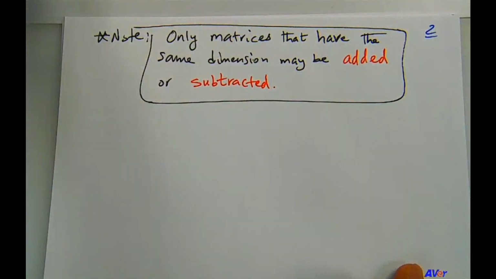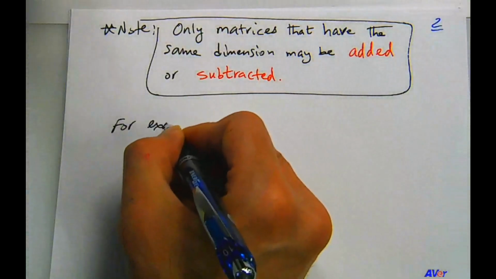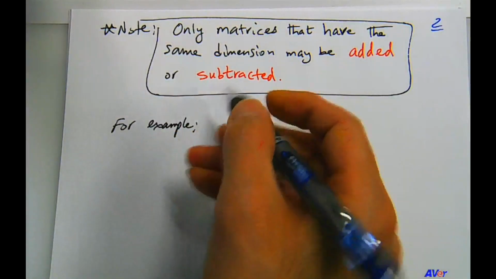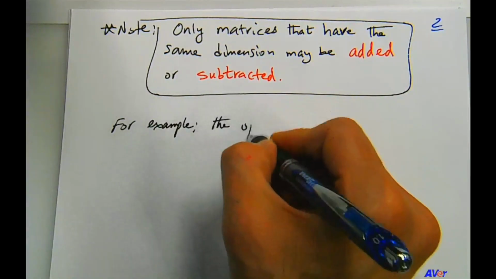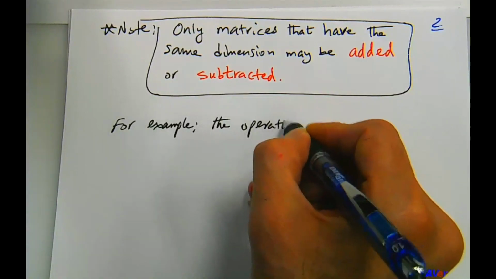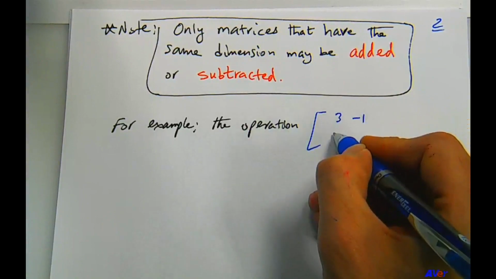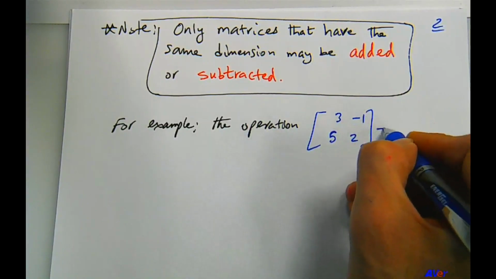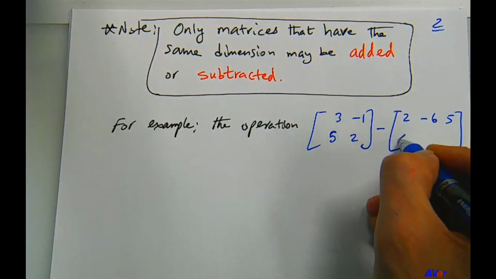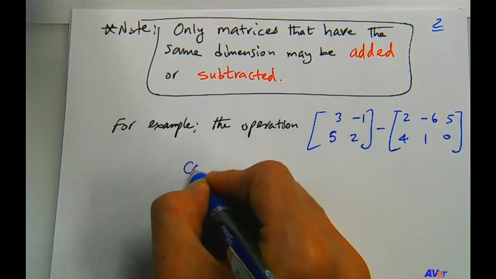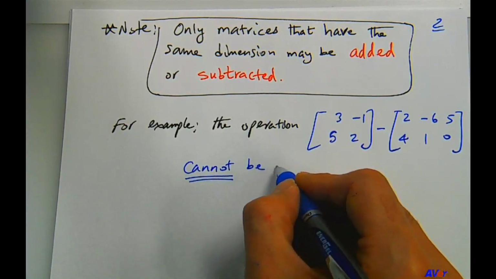So for example, this operation, 3, minus 1, 5, 2, minus 2, minus 6, 5, 4, 1, 3, cannot be performed.